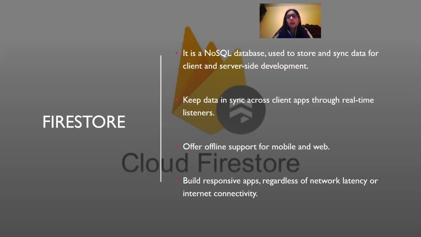We can keep data in sync across client applications through real-time listeners. It also provides online and offline support for mobile and web. So basically, if you have internet connectivity issues or some lagging issues, regardless of the network, it will work fine. We can build responsive applications. So it is pretty cool.